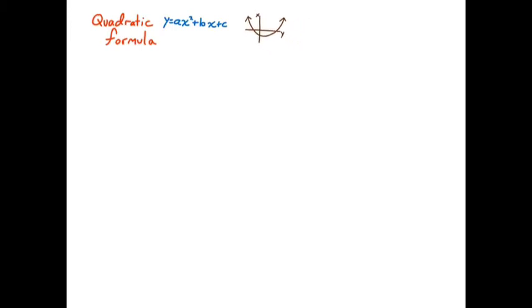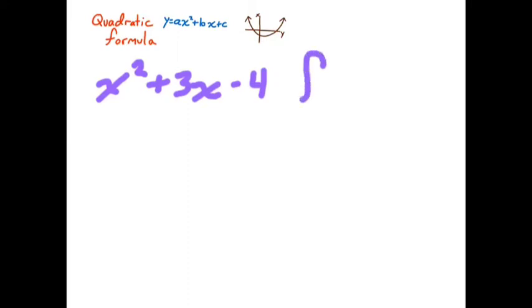Okay, so let's go with an example of how you could actually use this thing. Pick a good color. I think purple sounds great. Let's assume you had the equation x squared plus 3x minus 4, and I said, find the roots.